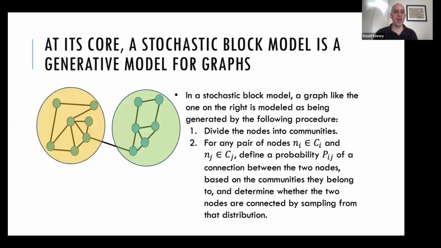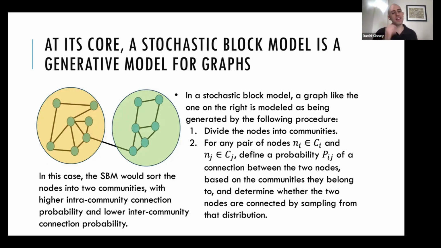And so we can imagine that we take this graph and divide it into two communities. In this case, the stochastic block model is sorting these nodes into two communities with high intra-community connection probability and lower inter-community connection probability. So that's how it would work in this case.